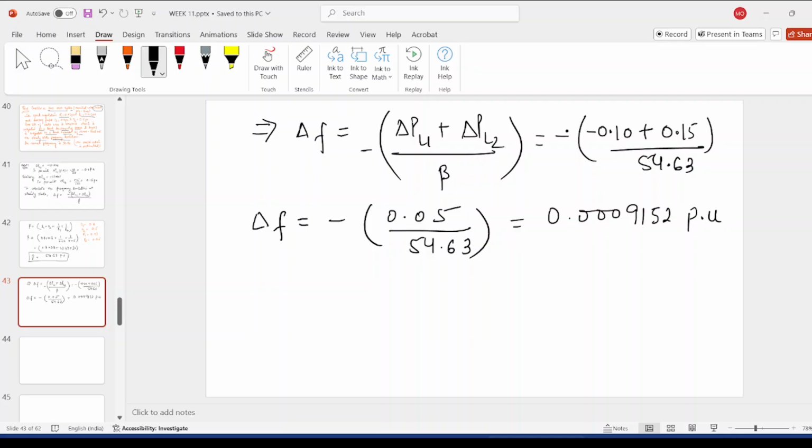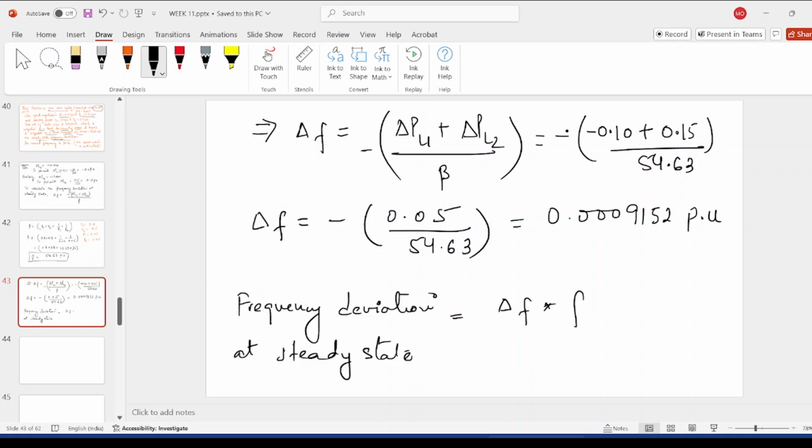Because it's in per unit, we have to calculate it in hertz, so we multiply it with the base value. The frequency deviation at steady state is del F multiplied by F nominal.